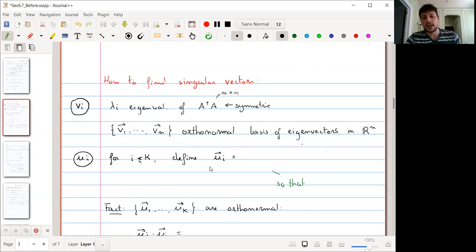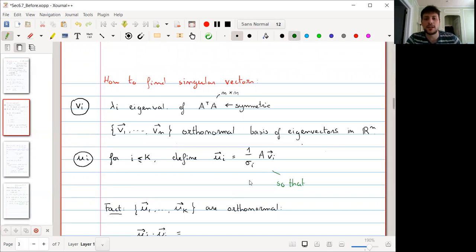To define the ui's, we'll have to go through a little bit more work. For all the indices up to the last singular value, so whenever there is a singular value, we define them like this: 1 over sigma i times A times vi.